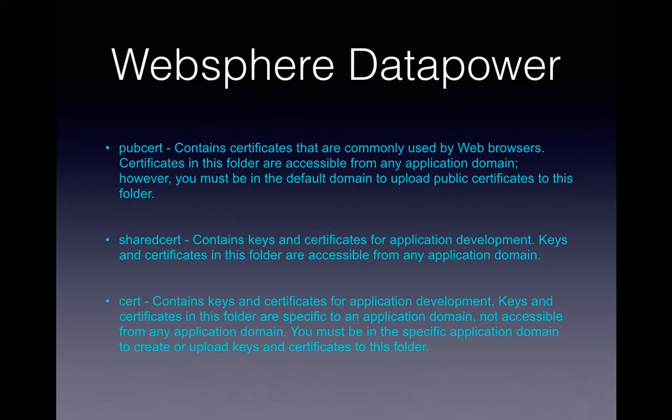In those cases, you can have your certificates in the sharedcert or cert folder. If you think the same certificate will be used by flows in two different domains, it is best to have your certificate in the sharedcert folder, because whatever certificates you have in the sharedcert folder will be accessible by any flow in any domain.